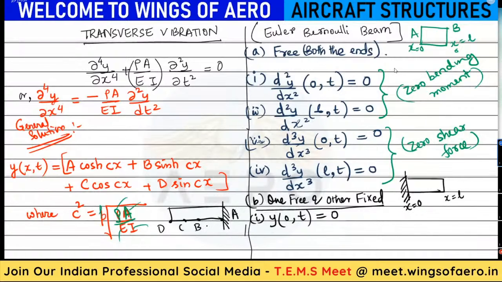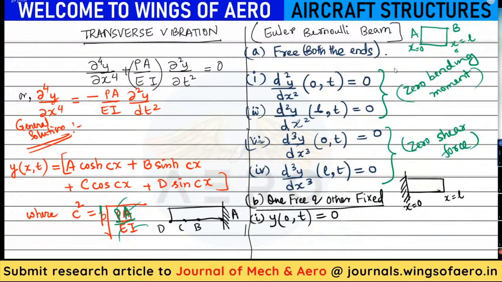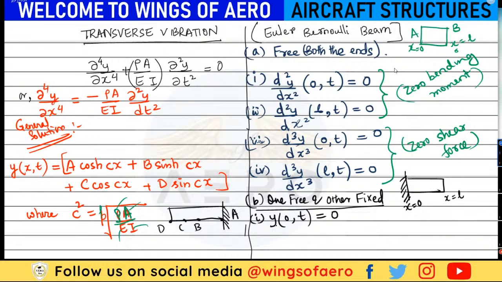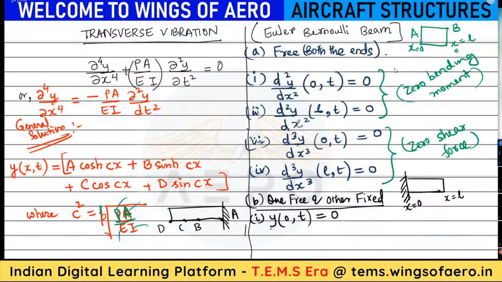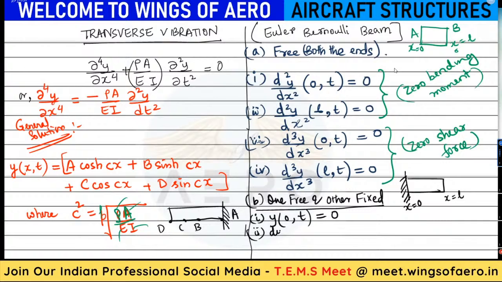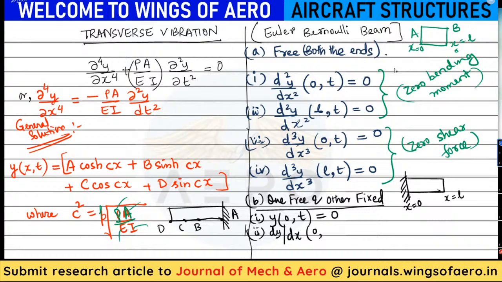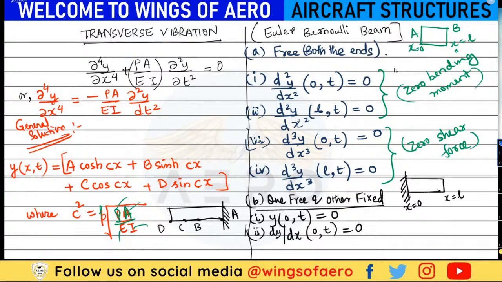So when one end is free and another end is fixed, the first condition is no displacement at x equal to 0. Now we look into the slope. If there is no deflection, the slope, dy by dx at x equal to 0, will also be 0.